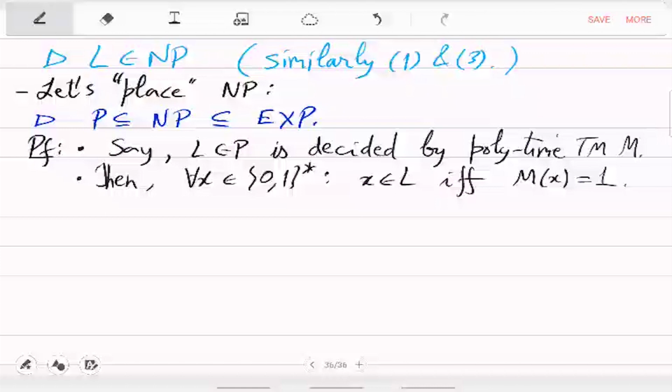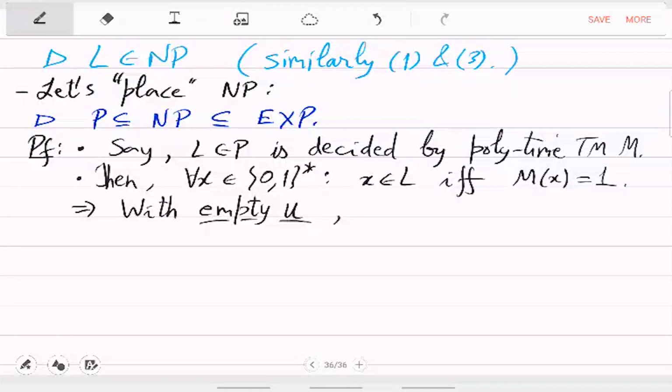So what's the certificate here? You can take the certificate U, which was in the definition of NP. That certificate you can take as the empty string. Okay, the verifier M, think of M as a verifier with empty certificate. So with empty U, M can be seen as a verifier.